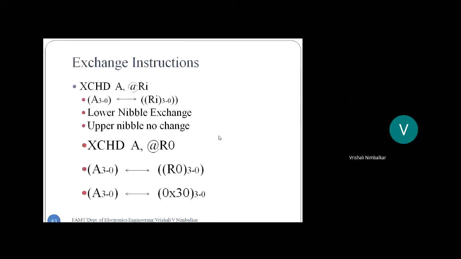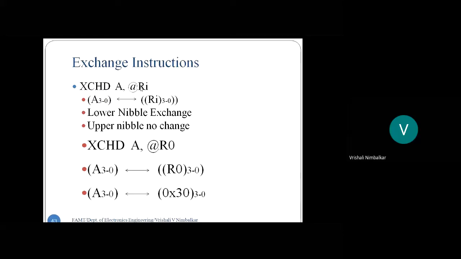Then we will go for nibble exchange, where only 4 bits are exchanged. So the instruction is XCHD A comma @Ri. Correct? This is the only way to write the XCHD instruction. Exchange only the lower nibble. Correct? And the exchange is between memory and accumulator, and the memory is a pointer. Ri will be the pointer to that memory.